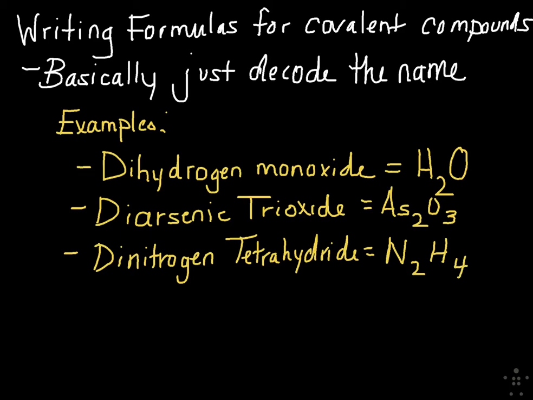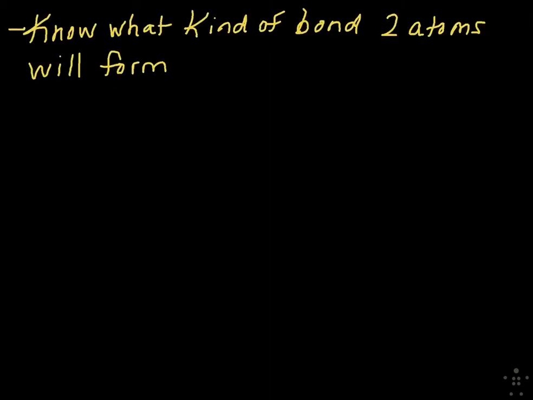So now that we've talked about both ionic and covalent bonding, it's important that we now compare the 2, because now we are able to know what kind of bond 2 atoms are going to form. So you need to be able to predict that and name those molecules accordingly. And the best piece of information that we know to help us identify what they're going to do is in your Google form, but I will go ahead and rewrite it.